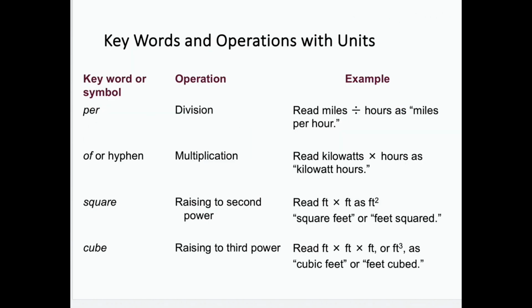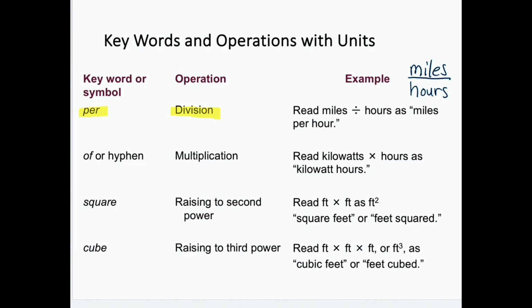Some keywords that will help you when you're reading these questions. We already talked about this one. The word per means division. So here's an example. If I saw a unit labeled miles and then divided by hours, that is the same thing as saying miles per hour.